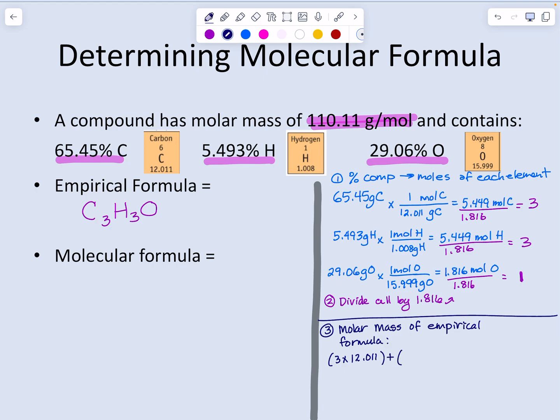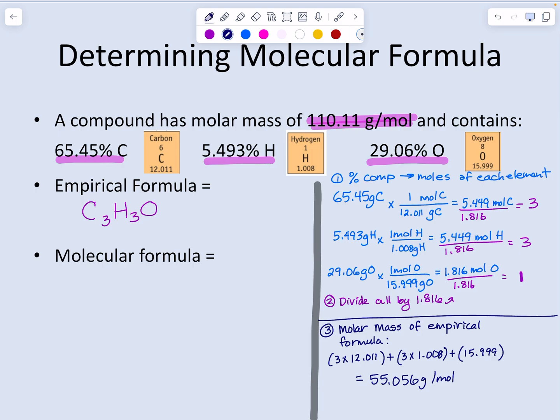We'll put it on at the end. And then we've got 3 hydrogens, 3 times 1.008. And then we have 1 oxygen, so we're going to add 15.999 to that. And so that comes out to be 55.056 grams per mole. So that's the molar mass of the empirical formula.